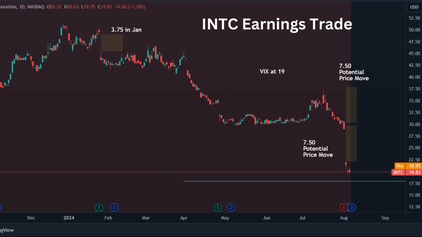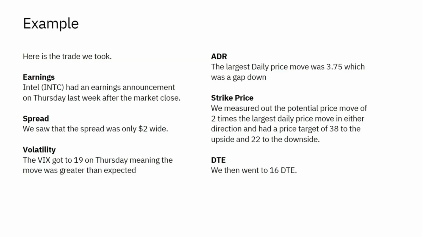The largest daily price move was 3.75, which was a gap down during earnings in the beginning of the year. We measured out the potential price move of 2 times the largest daily price move in either direction, and got a price target of 38 to the upside and 22 to the downside.